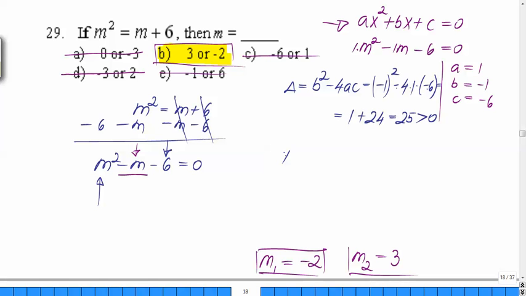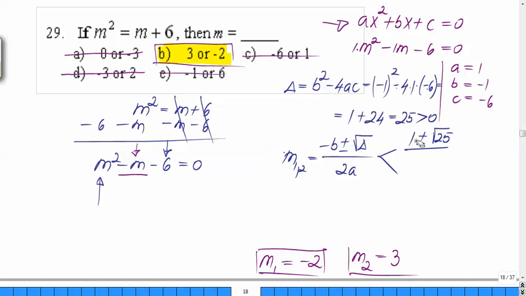To find your roots, m1 and m2 in this case, you'll use another formula, which is negative b plus or minus square root of delta, over 2a. And you have your two roots. Minus b, minus negative 1, will be 1, plus or minus square root of 25. Let's use plus in here, and let's use minus in the second one, over 2a, over 2 times 1, over 2.